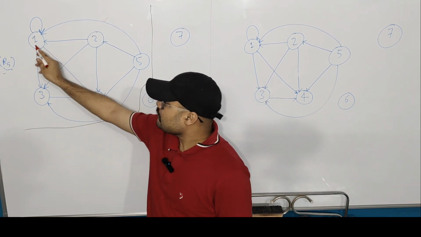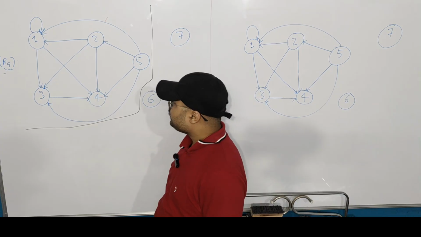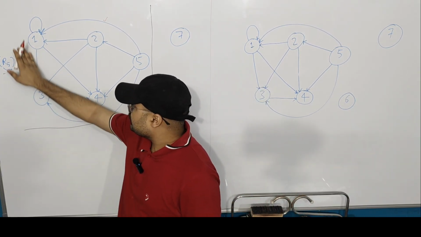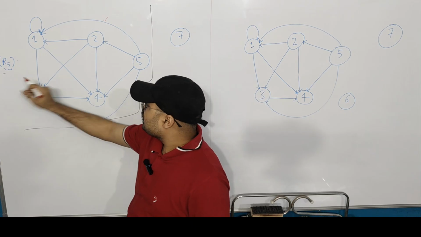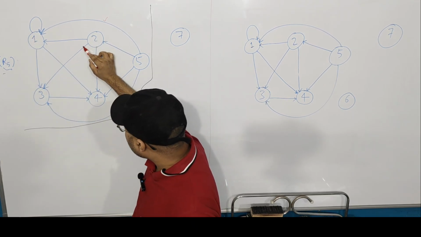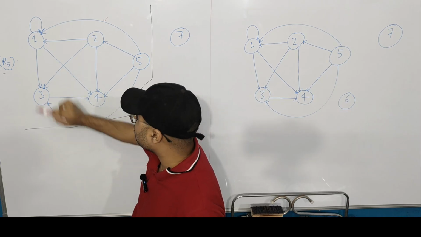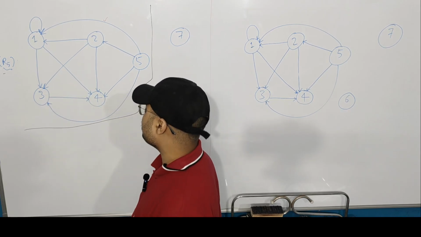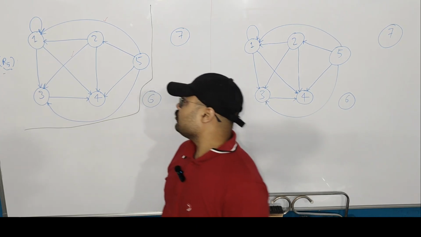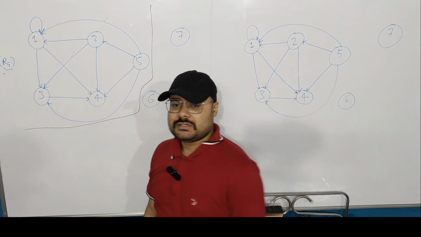Similarly, from 1, when you add 1 to 3, okay, now the moment this directed edge is added, because 2 is related to 1, there has to be one edge from 2 to 3 also for transitivity to hold. So this is a transitive edge.